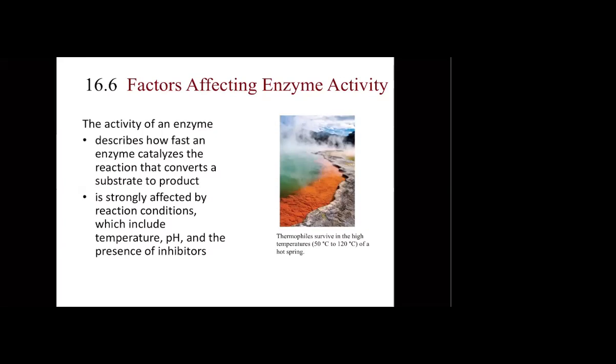The interesting thing is that the ability of an organism to survive these very extreme high temperatures depends on the proteins in that particular organism. So these organisms known as thermophiles contain a protein profile that allows them to endure these really hot temperatures.